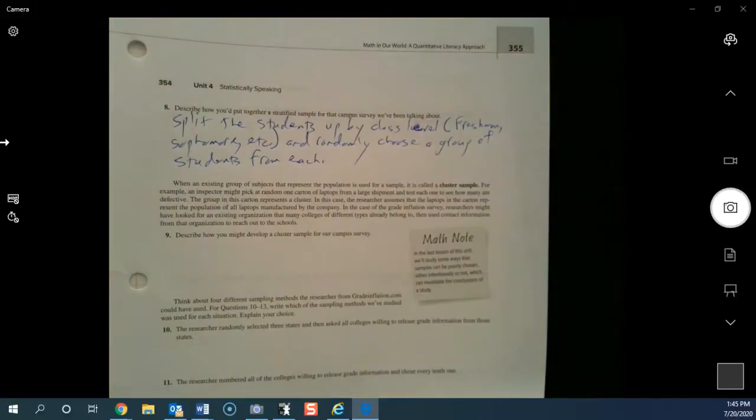In the case of the grade inflation survey, researchers might have looked for an existing organization that many colleges of different types already belong to, then use contact information from that organization to reach out to the schools. It says here, describe how you might develop a cluster sample for our campus survey.